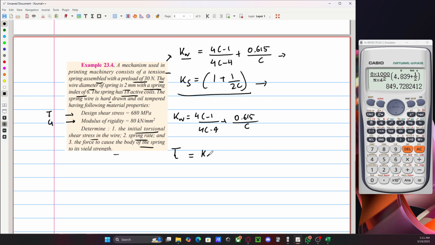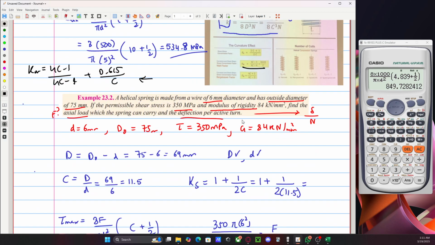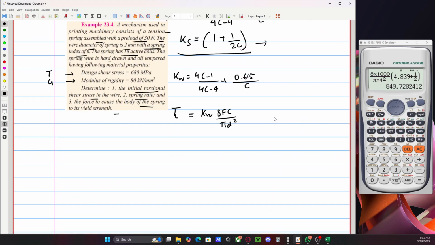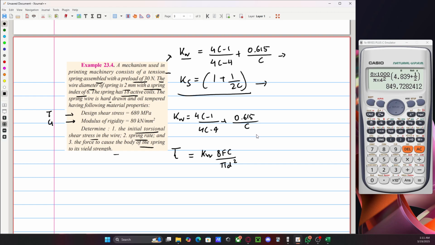This would be Kw, and this would just be 8Fc over pi d squared. How do you know this? If you go up again and look over here, it's Ks times 8Fc over pi d squared, and this is exactly what we're doing here. So it doesn't change anything.